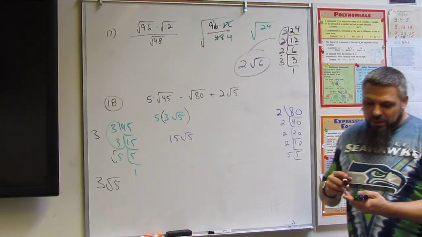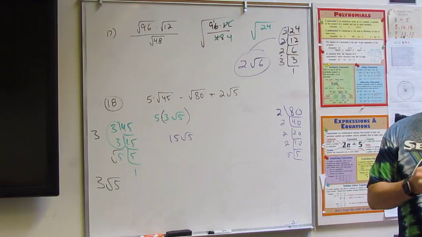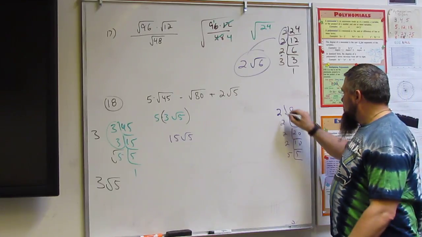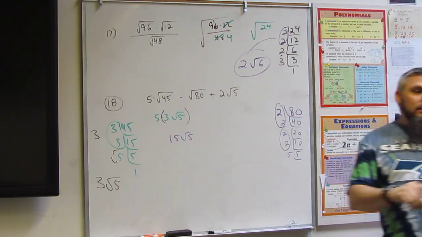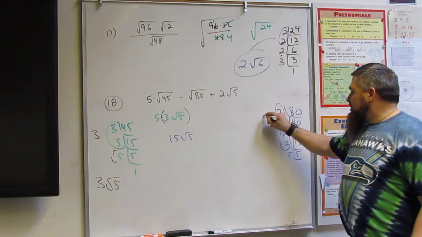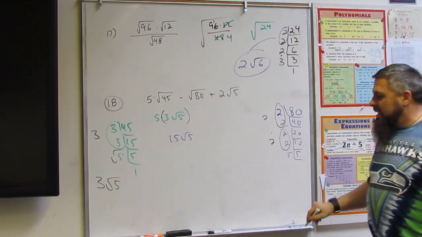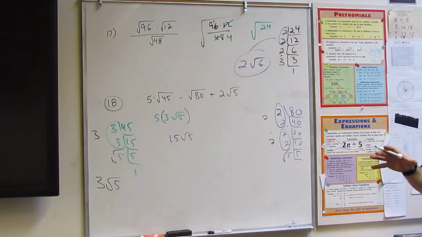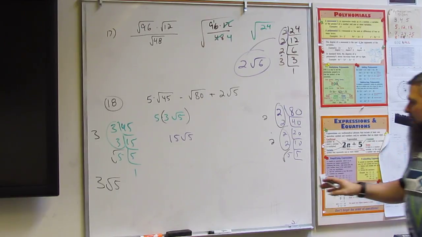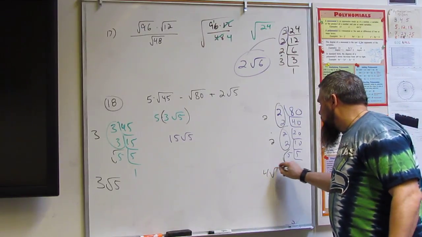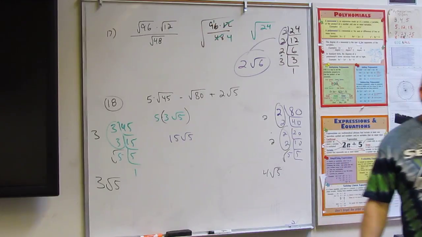So Rosie and I come up with the same thing. She just likes to do it faster, and that's okay. So it's 2 times 2, and then this is left in the box. So we got 4 square root 5.